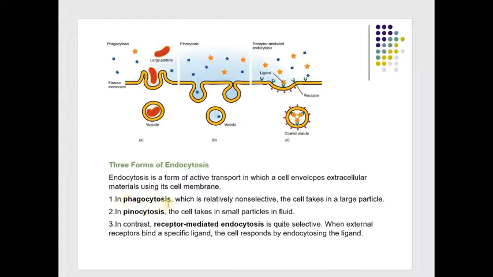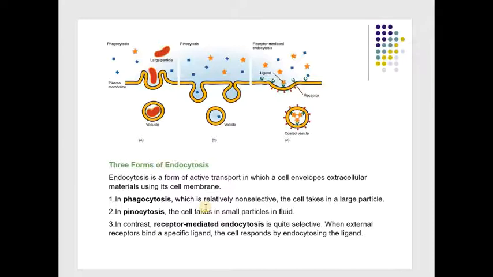So the first thing we've got is phagocytosis. We go through phagocytosis in order to take up large particles. A type of cell that is really good at going through phagocytosis are amoebas.